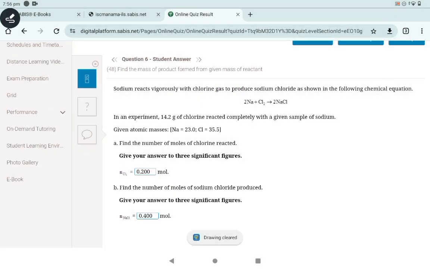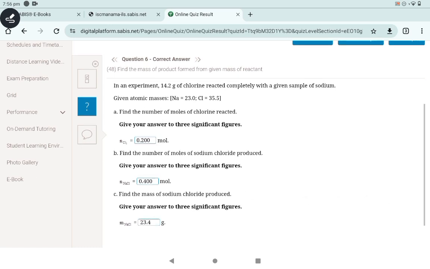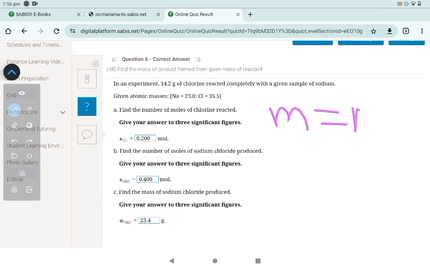Okay, and then here, mass of sodium chloride produced. Mass is moles multiplied by the molar mass. So the moles is 0.4 multiplied by the molar mass.